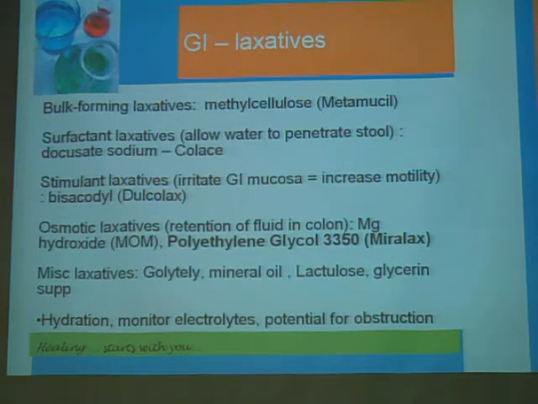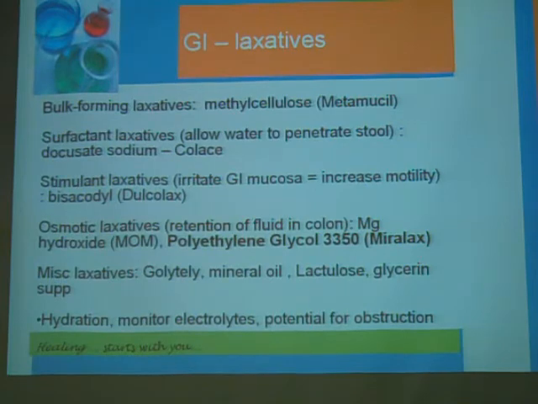Osmotic agents basically cause the osmotic gradient to be higher in the gut than in other parts of the body. So it makes the gut more concentrated, if you will, and draws water out from the tissue and adds it to the stool.